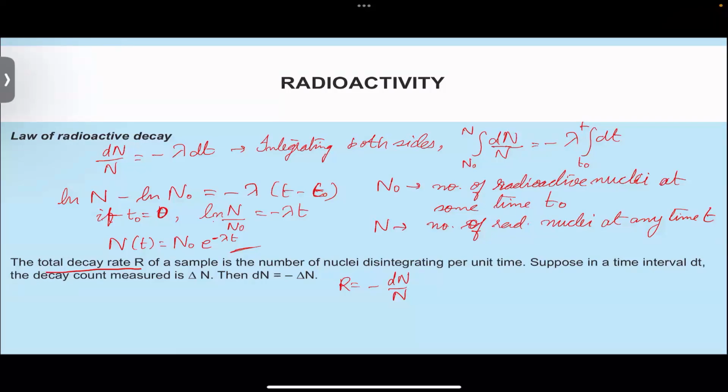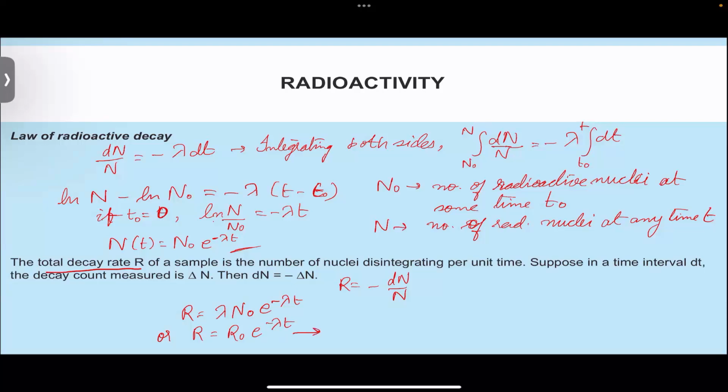Now if you differentiate this, what you're left with is R = λN. We have already seen dN/N = -λ dt. So if you put everything together and differentiate, you get R = R0 e^(-λt).